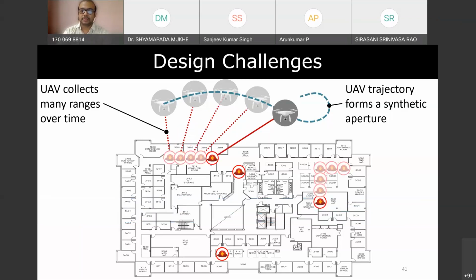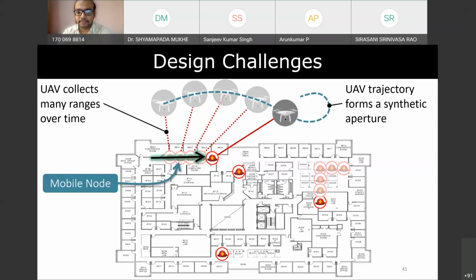So suppose the person is actually moving over time. The ranges that have been collected in the first part correspond to the initial location of the person, whereas he has changed his location, as I showed in the shades. Towards the end, the drone is collecting the range that corresponds to the latest location of the person, which is much ahead of where he was in the beginning.